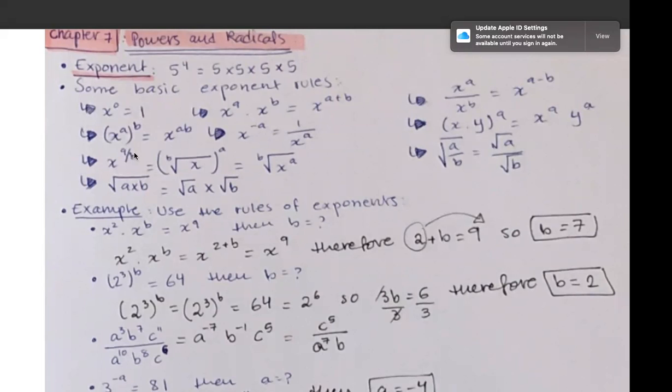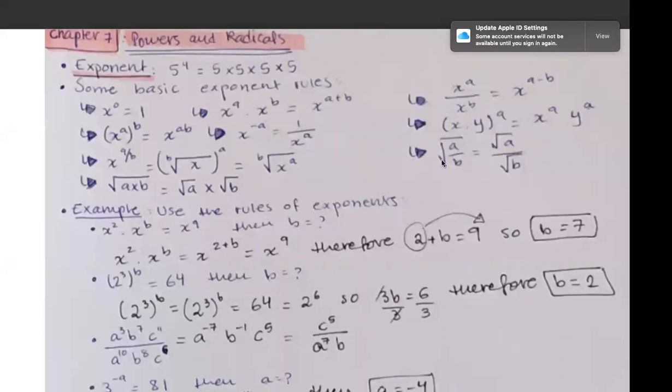The denominator is the power of the radical, and the numerator is the power of the x. So in this case, it's going to be the radical of b of x to the power of a.